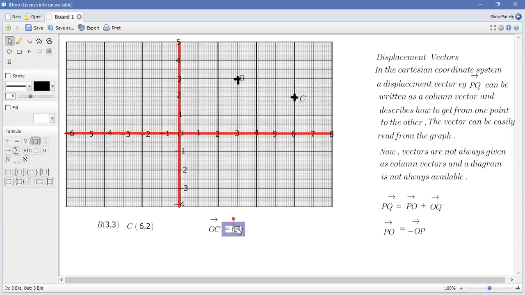Is it 2/6 or 6/2? 6/2. Exactly. X1 before the Y1.